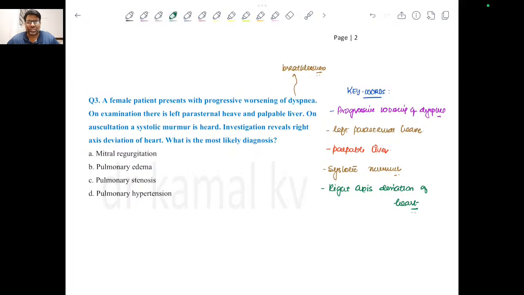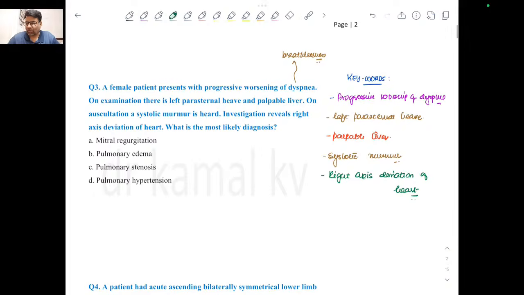Now these are the clues which are given to us, and based on this we have to reach a diagnosis. Now let us try to understand what is being given in the clues. The first and important clue, which should give you a basic idea of the answer, is palpable liver.